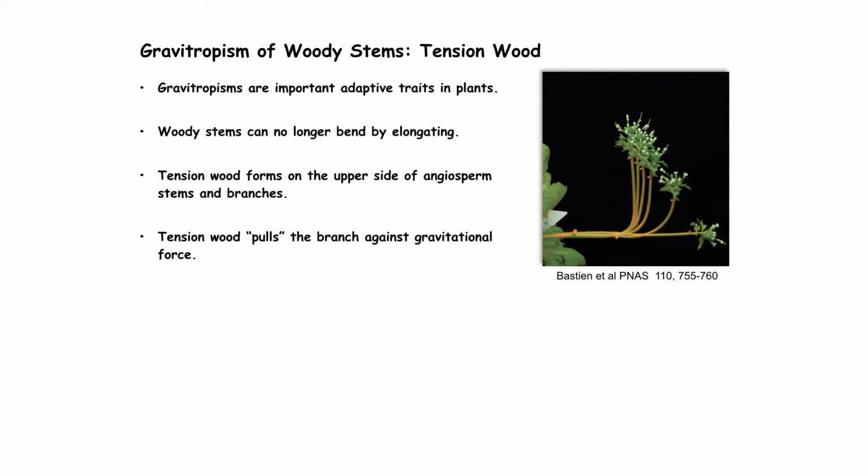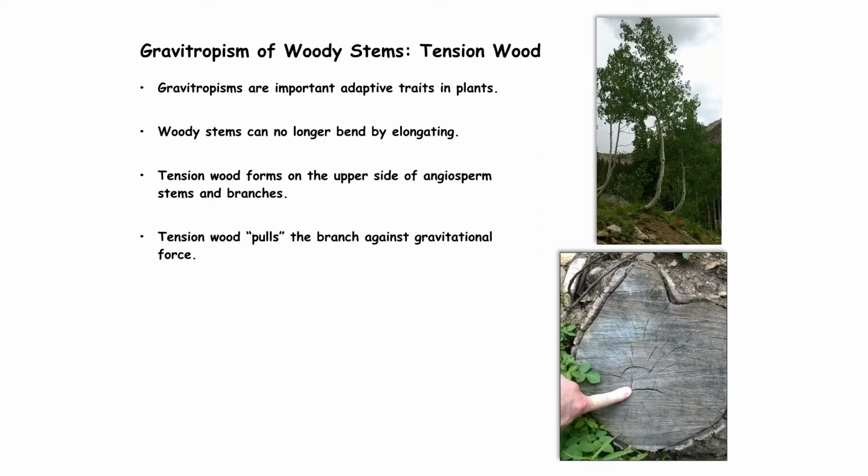Now, in the case of trees, they can no longer elongate their lignified stems, so they take another approach. So these are aspen trees growing in Utah, and they were probably pushed over by avalanche at some point, but what you can see is they were able to right their stems.